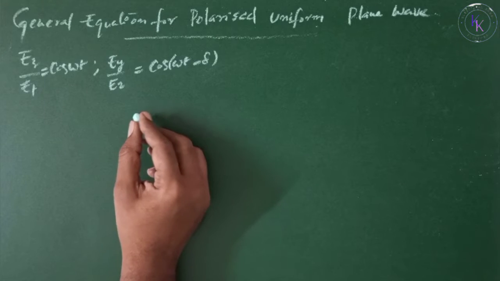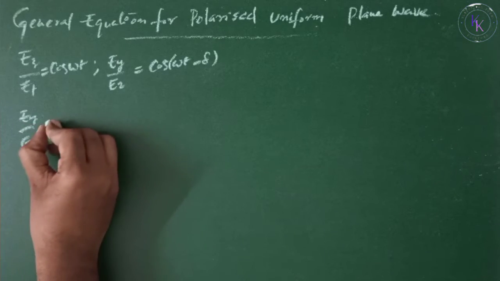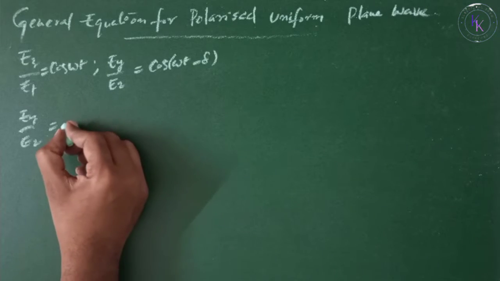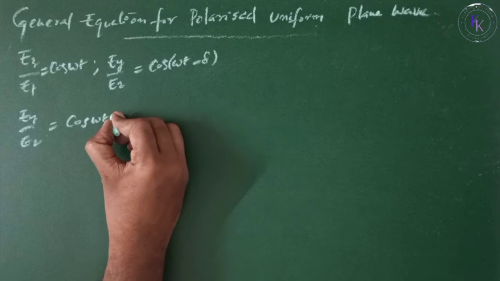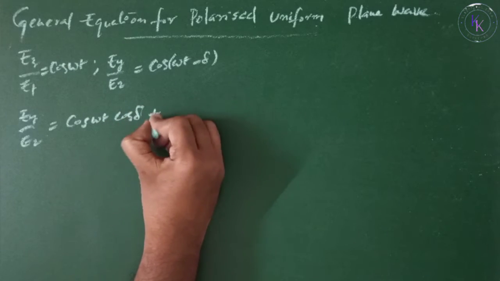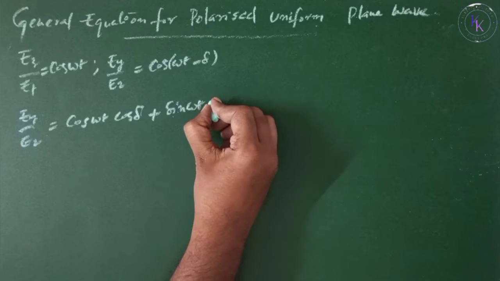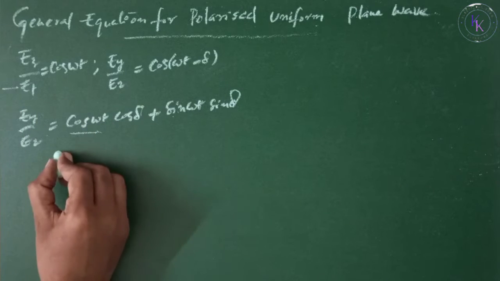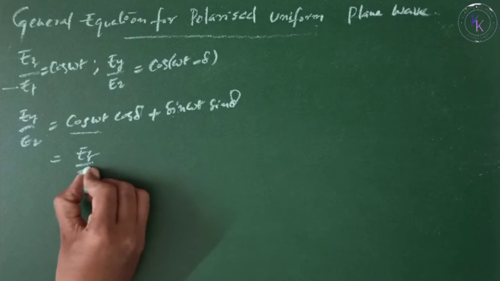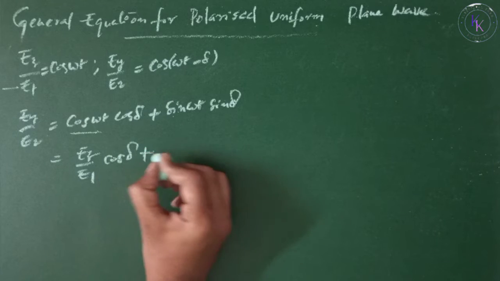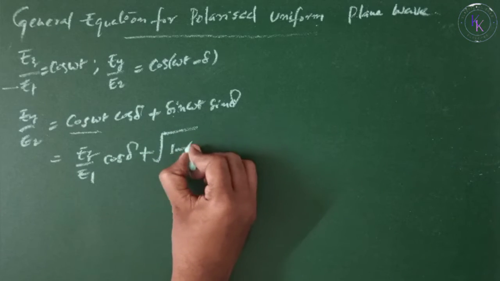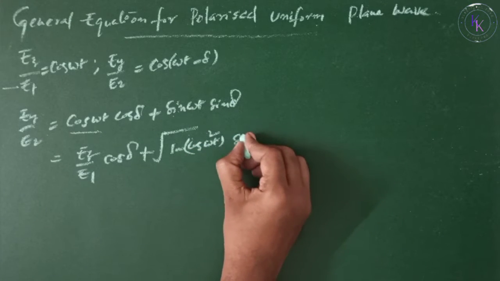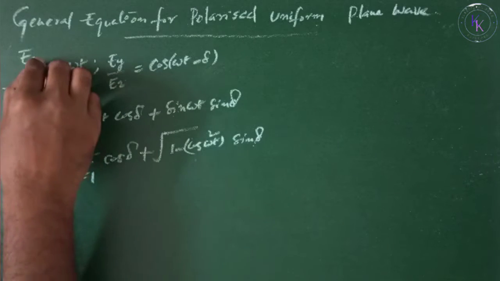From these equations, Ey by E2 equals cos(A minus B), which is nothing but cos A cos B plus sin A sin B. So cos omega t cos delta plus sin omega t sin delta. Now you know cos omega t is Ez by E1, and sin omega t you can write as the square root of 1 minus cos squared omega t.